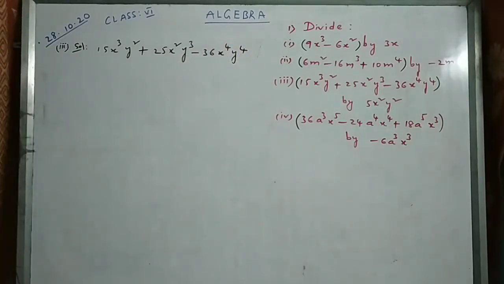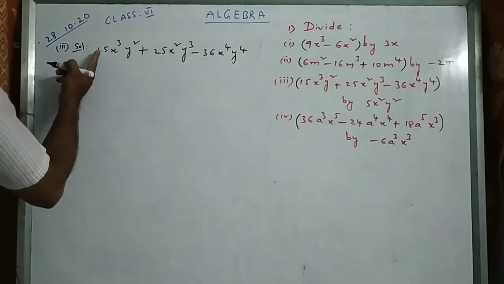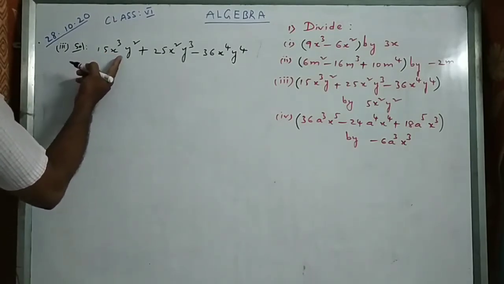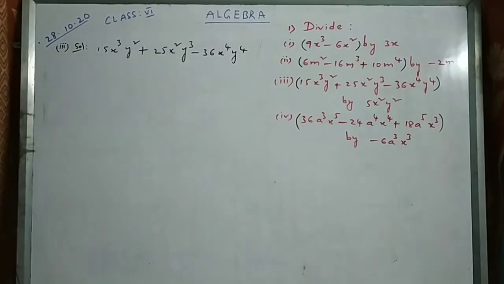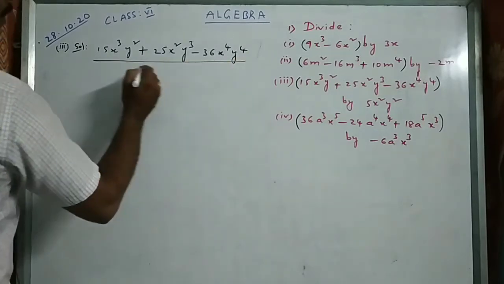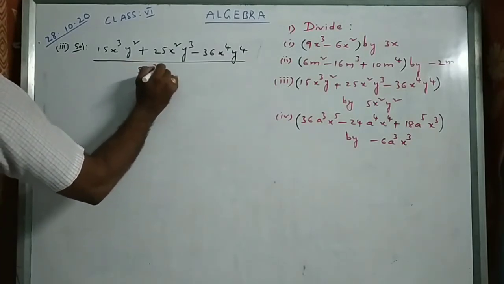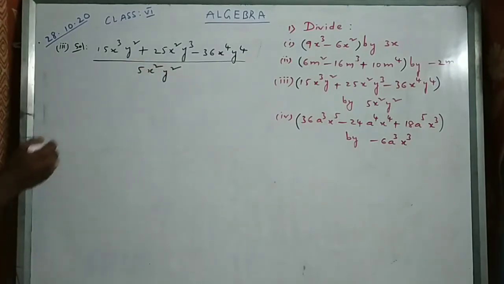When I read, you must listen carefully. 15x cube y square plus 25x square y cube minus 36x power 4 y power 4 upon 5x square y square. Right?